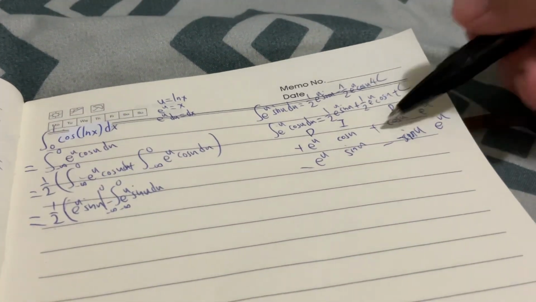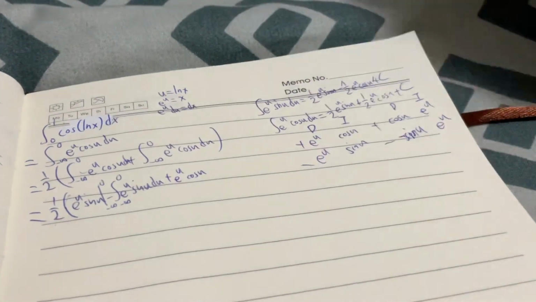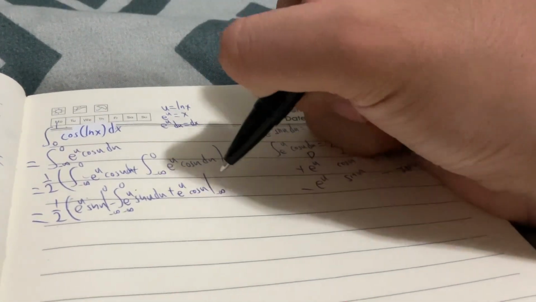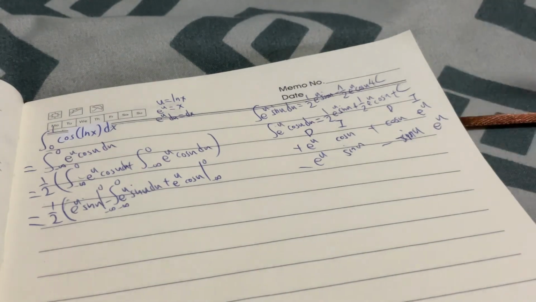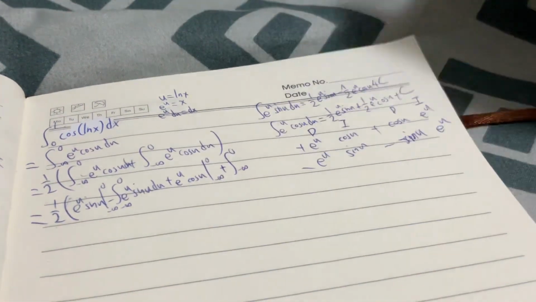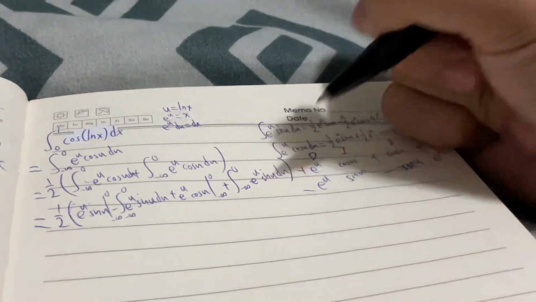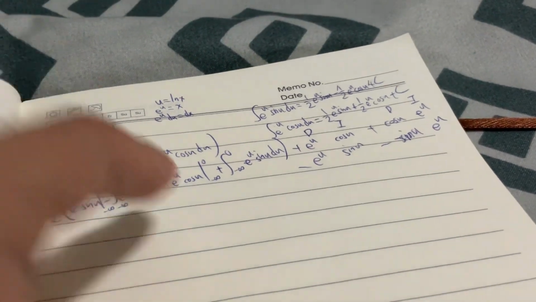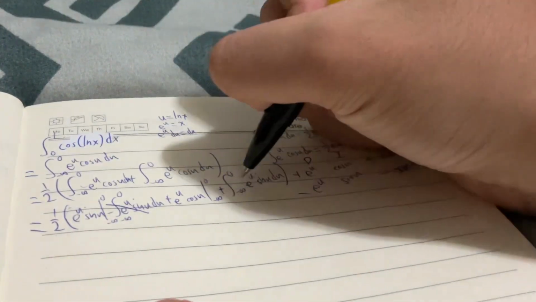So overall, this time the first part of the answer is just plus e to the u times cosine u, going from negative infinity to 0, don't forget. And then negative times negative, you pretty much just get positive, the integral of e to the u sine u du. And you will see this negative and this positive, these two integrals, they cancel each other.